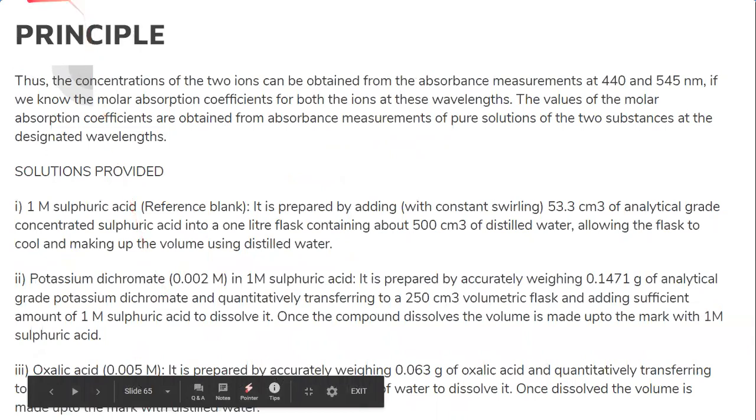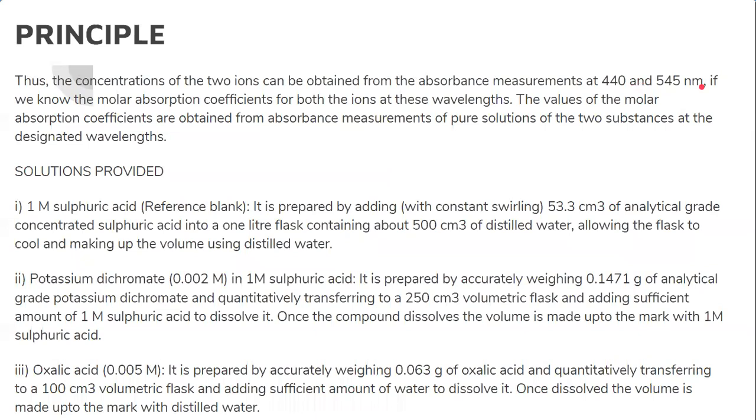Thus, the concentrations of the two ions can be obtained from the absorbance measurements at 440 and 545 nanometers, if we know the molar coefficients for both ions at these wavelengths. These values of the molar coefficients are obtained from absorbance measurements of pure solutions of the two substances at the designated wavelengths.